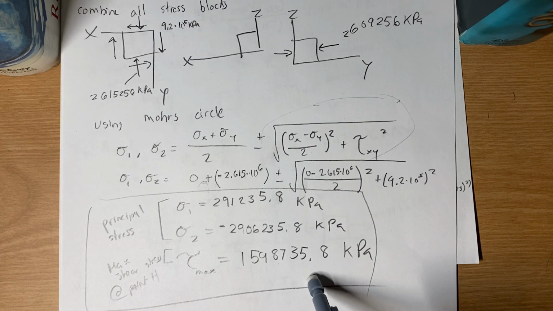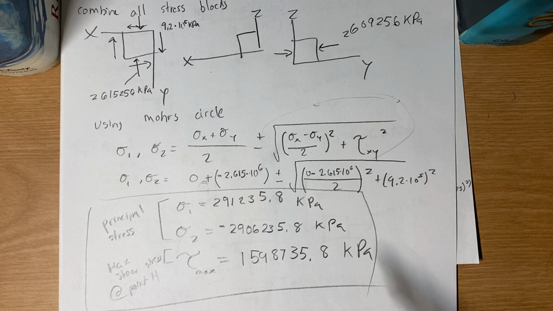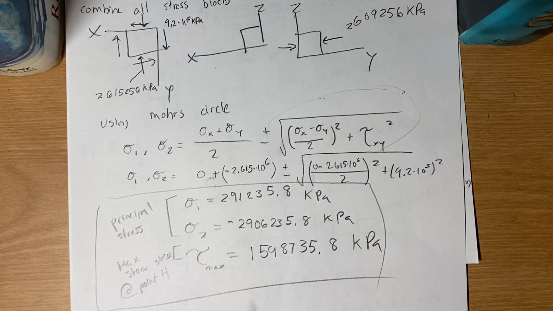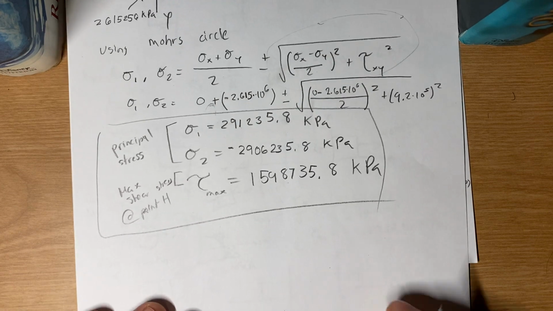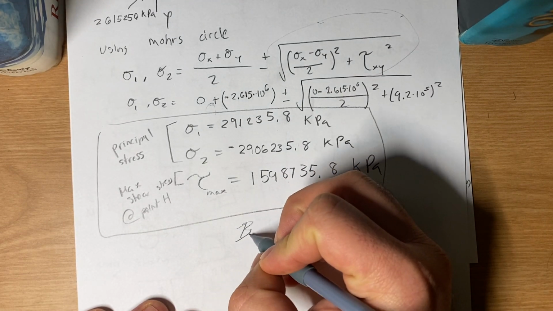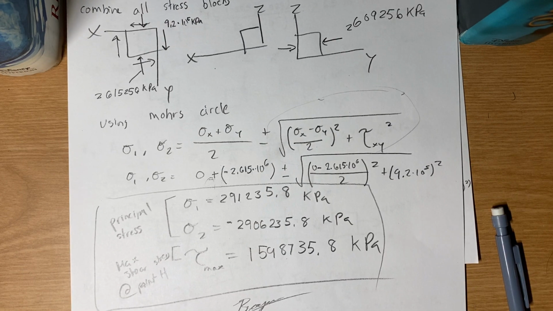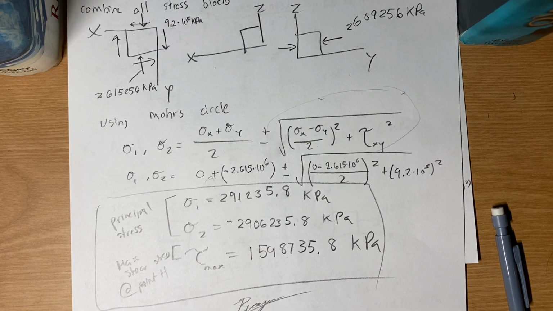We would have plugged this back into our equation, and then checked if it failed, and if it didn't, then we'd have to tweak some stuff, or we would just say that it will break. But we don't have the information, and the problem is asking for our principal stresses and our max shear stress. So that is it. And this is my signature that I was the one that did it. And that's how you approach this problem.